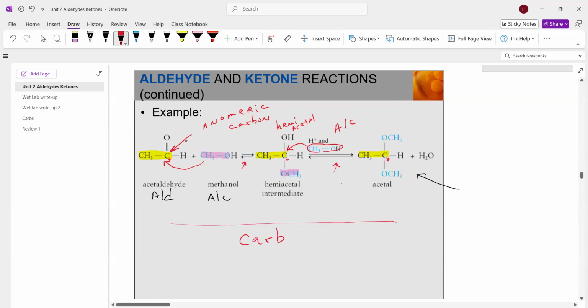So this is a very fundamental reaction in carbohydrates. And the problem with carbohydrates are the structures are more complicated than this. But you've got an anomeric carbon in all carbohydrates. When the carbohydrate opens up, it forms an aldehyde and an alcohol. And then when they close back up, they form a hemiacetal. So it goes back and forth from open, closed, open, closed, open, closed.